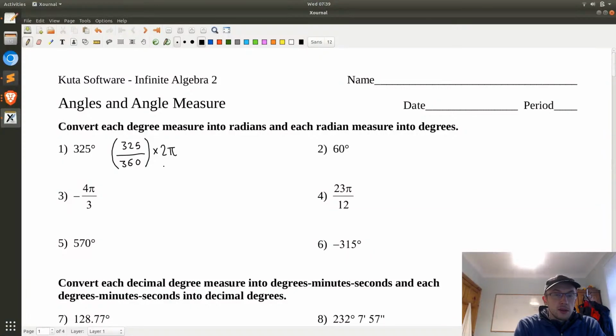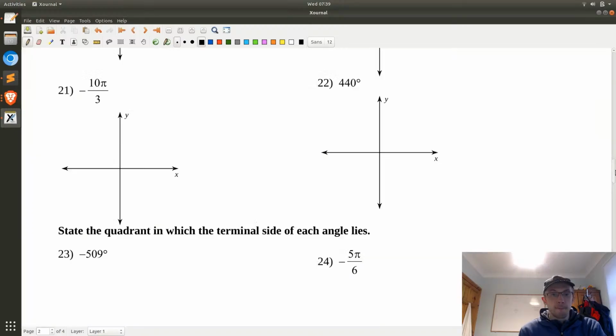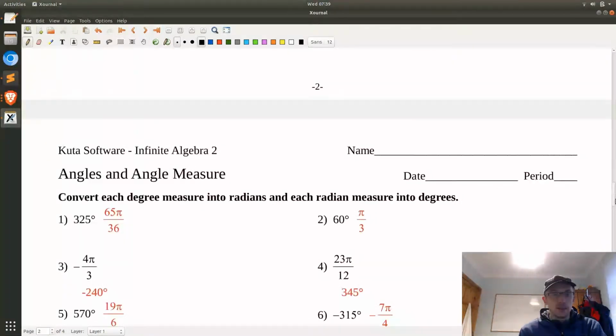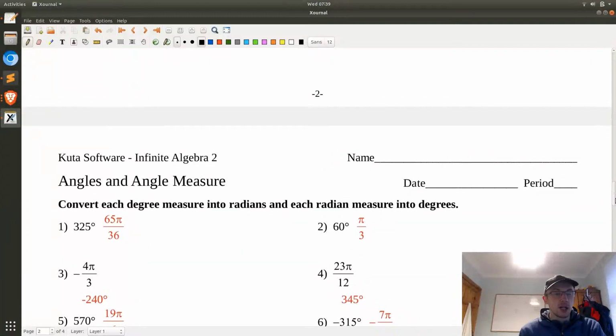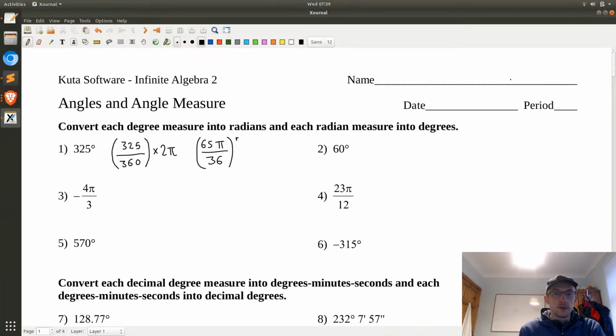So 65 on top, 72 on the bottom, 65 over 36. That many radians, brackets, and a little tiny r up there. Let's see how true that is. Great. 65 pi over 36. Wonderful.